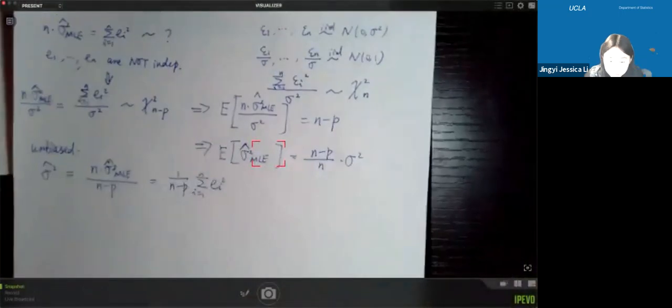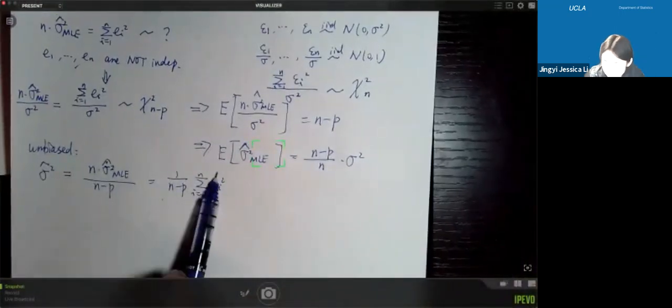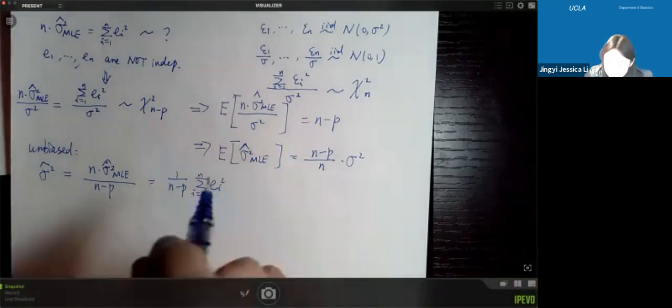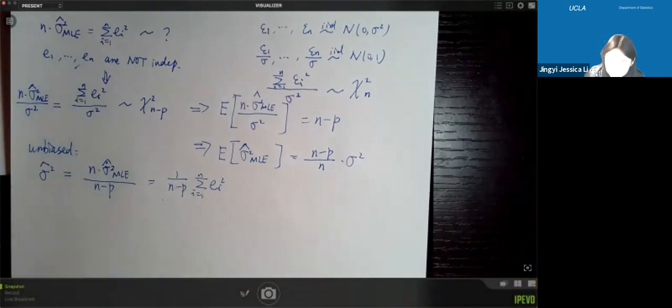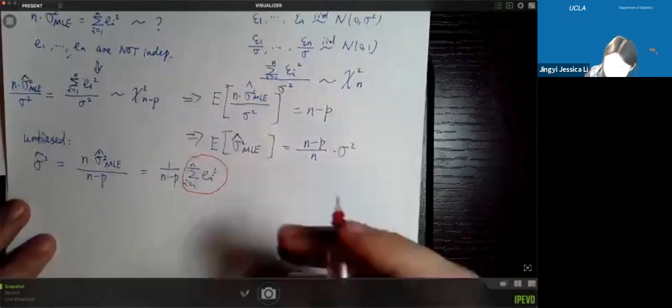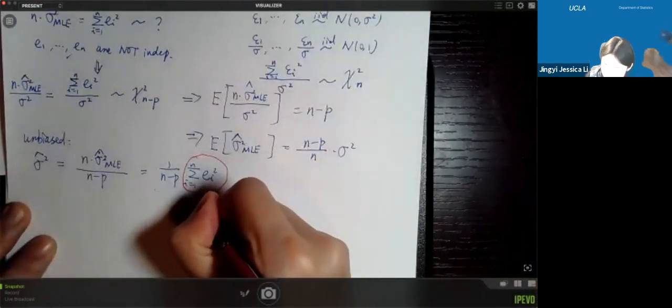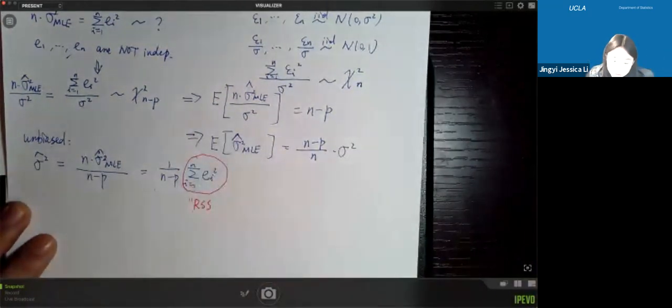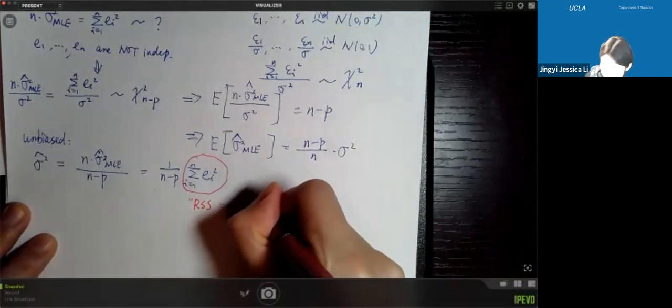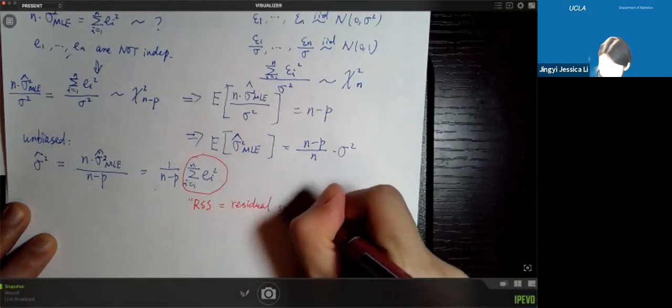Okay, so this term also has a name which we will see later in our discussion of ANOVA. We are going to have 2 names for it in this class. The first one is often called RSS. You will see this in some books. RSS stands for residual sum of squares.